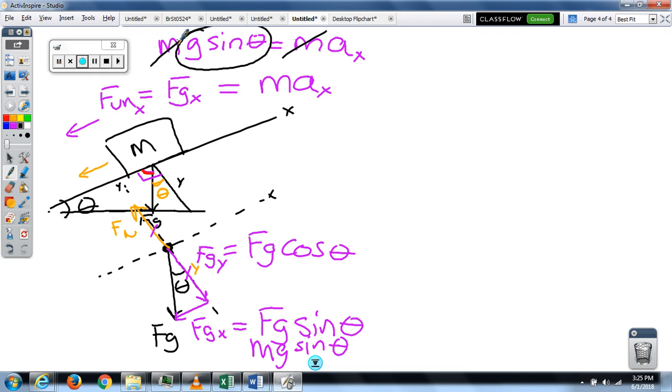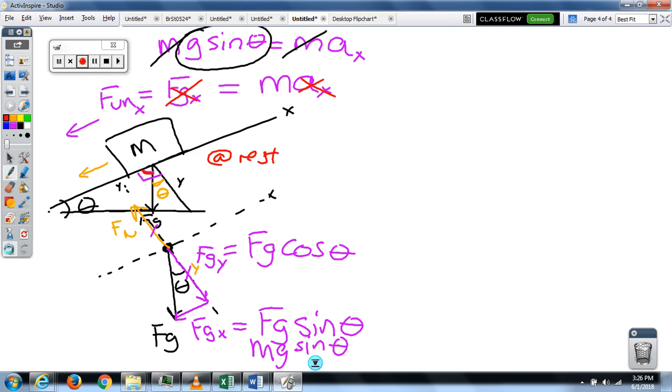But let's say the box was at rest. If the box is at rest, then you know that there can't be a net force, there can't be an acceleration, so Fnet must be equal to 0. Well, you're not going to get rid of Fgx entirely, so that's not the way to go.